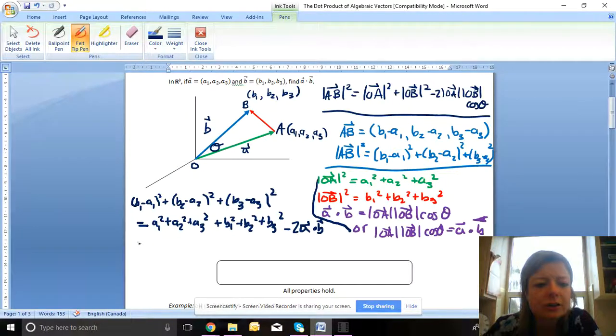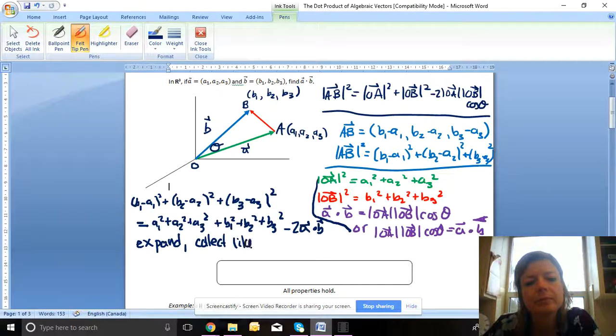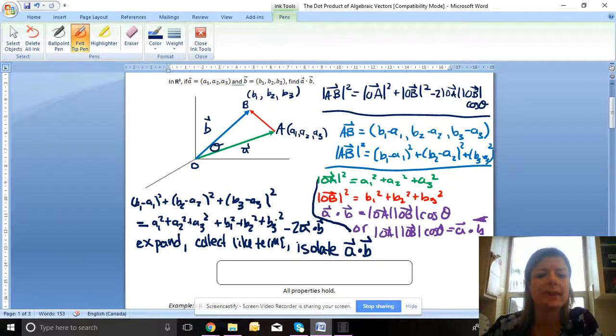For us to actually do this, I'm not going to show it all. You would expand, collect like terms, and isolate the dot product A dot B, and then you have it all in terms of these numbers, which are just the 3 coordinates.